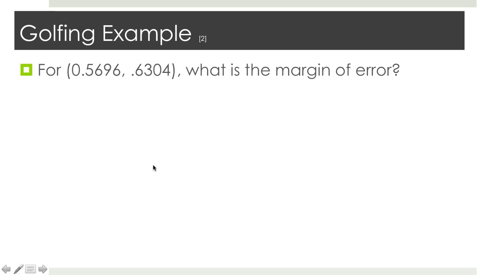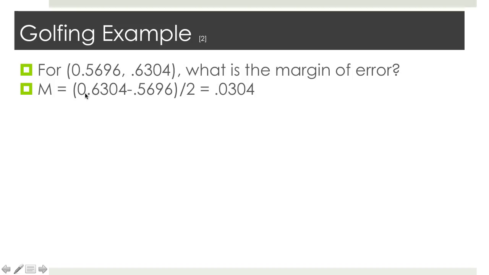In this particular case, if we looked at this interval and we computed the margin of error, recall from a previous video, we said that the margin of error was simply half of the distance between these 2 points right here. So if I took the total distance and computed that in this first part of this expression here, and then divided it by 2 to get half of that, then my margin of error is about 0.03 or 3%.